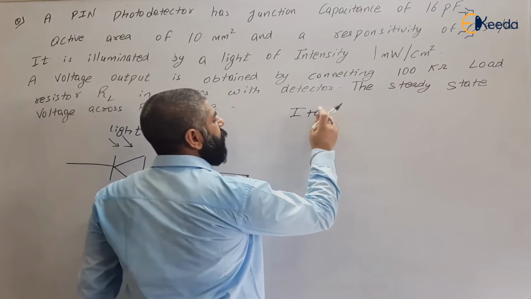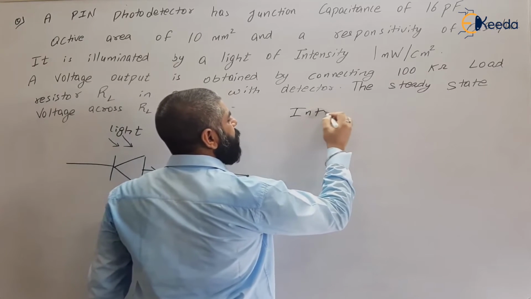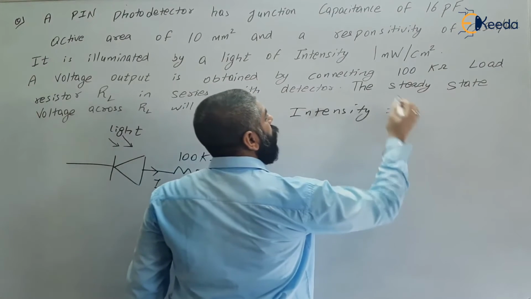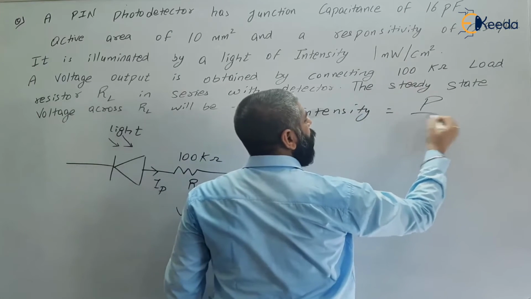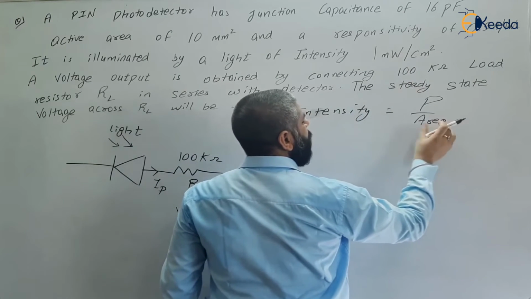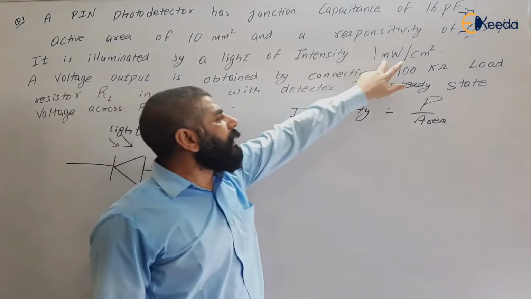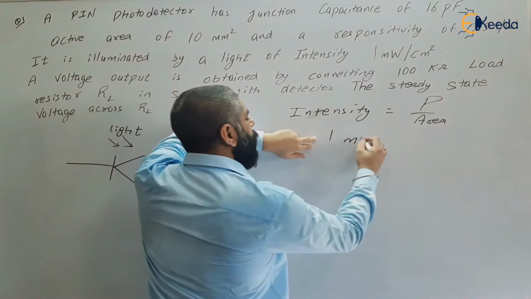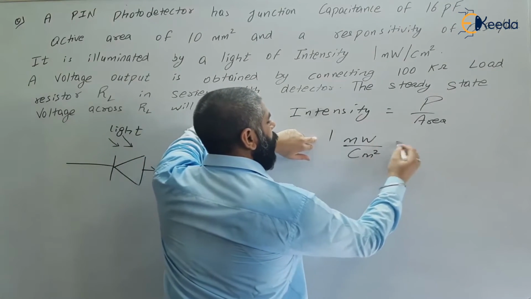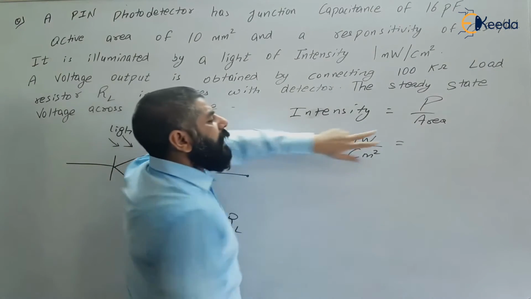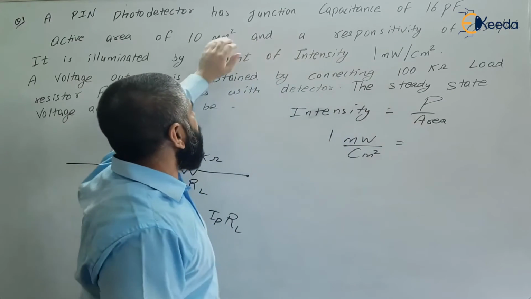So intensity is equal to power falling per unit area, and this area is nothing but the active area. The active area is 10 millimeter square, but the unit is 1 milliwatt divided by centimeter square, so the active area must be in centimeter square.